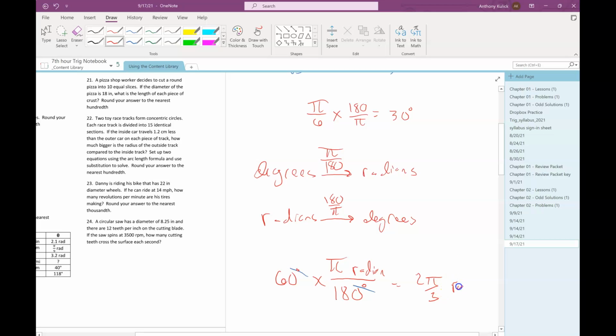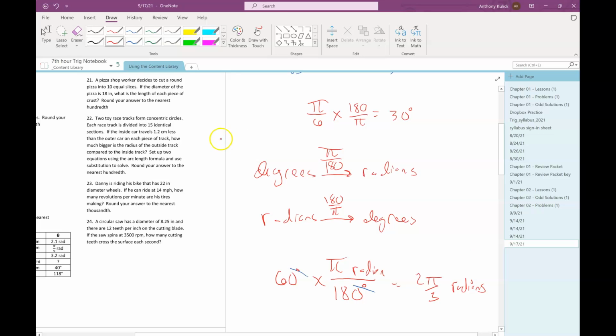Does that make sense in terms of remembering which one to go with? If you think about it like a unit conversion, it becomes really obvious which way to put the fraction. That's the way I like to remember it.